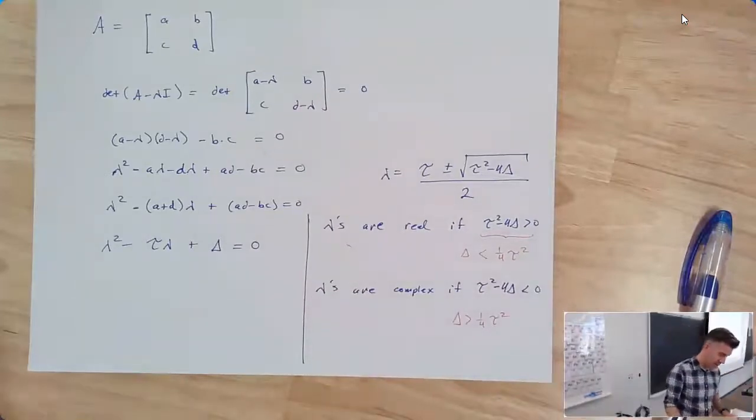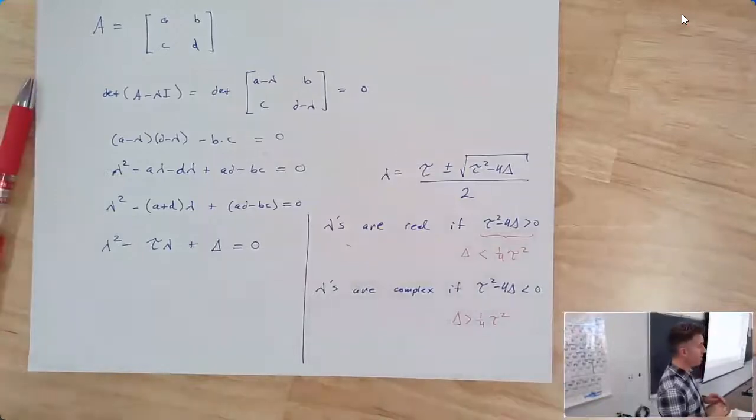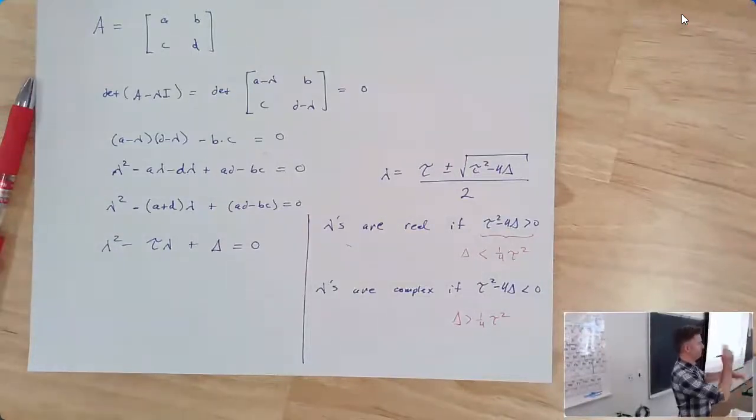So what we're saying here is that you can just look at the determinant and the trace and automatically determine if you have complex eigenvalues, meaning spirals, or real eigenvalues, meaning nodes or, sorry, sinks, sources, or what's the other one with reals? Saddles.